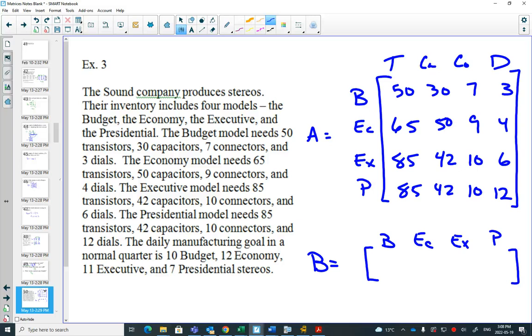So we've got 10 budget, 12, 11, and 7. There we go. I put D for daily.